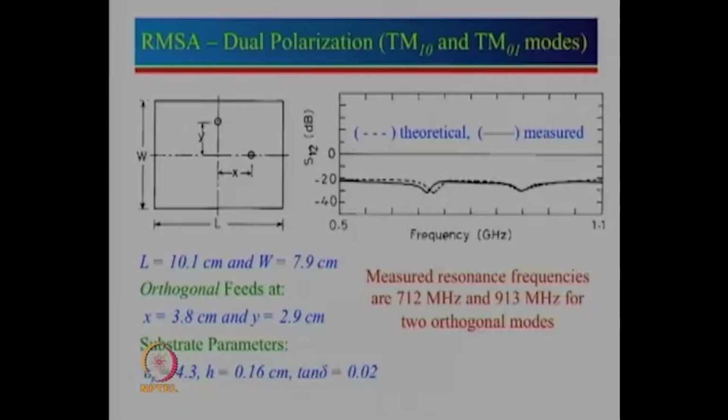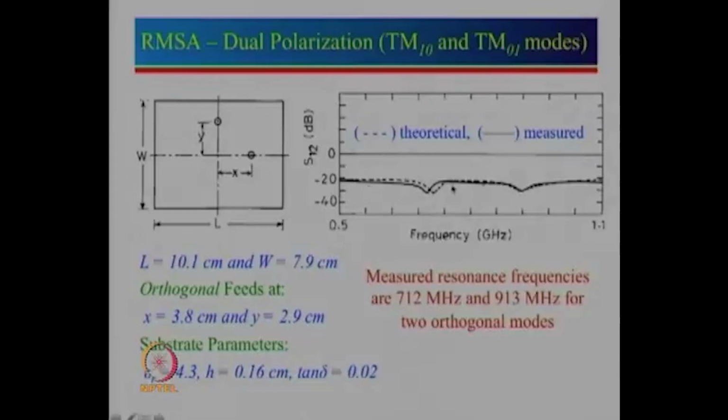And that is why if we look at the isolation between the two, it is very good. What it shows here, if we say this is 1 and 2, is S12, which is the same as S21, plotted from frequency 0.5 to 1.1.